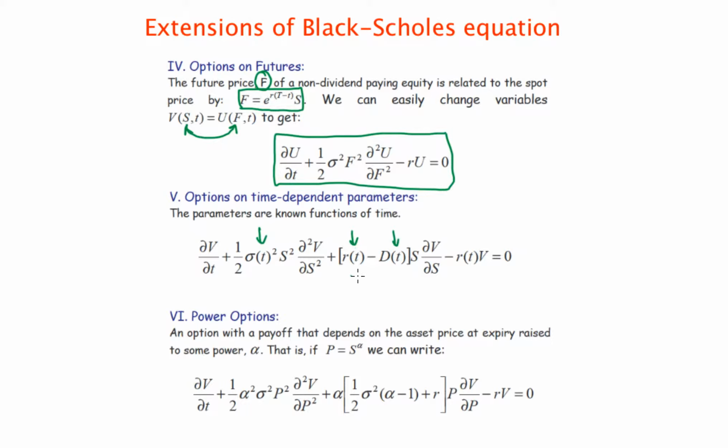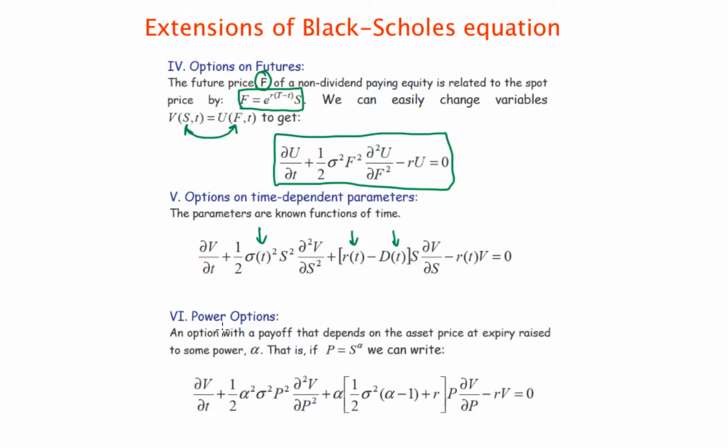If they are time dependent, we have to include that time dependence in the Black-Scholes equation. So that will be, in this case, the modified Black-Scholes equation that includes the time dependence of the parameters. But in this case, of course, there's no way of solving that equation analytically. The only way of solving that is numerically.